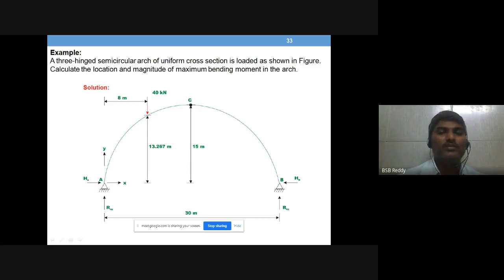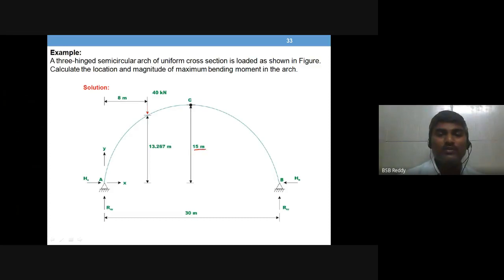A three-hinged semicircular arch of uniform cross-section is loaded as shown in the figure. So this is how the semicircular arch is loaded. You can see this is also a semicircular arch. The last session what we have solved is with the notations, and now is with these values.